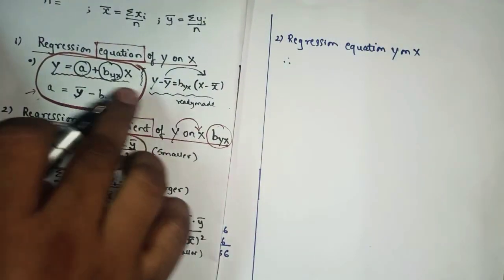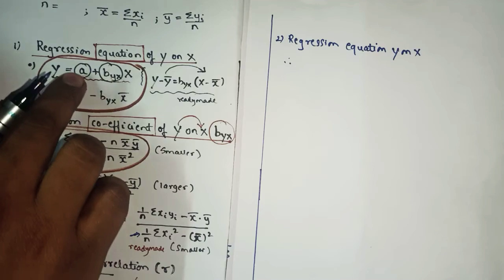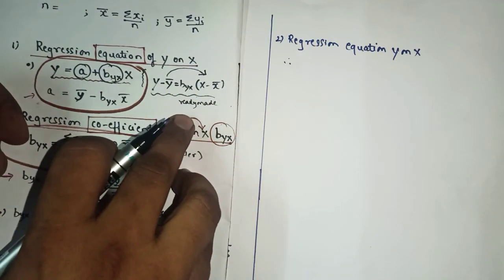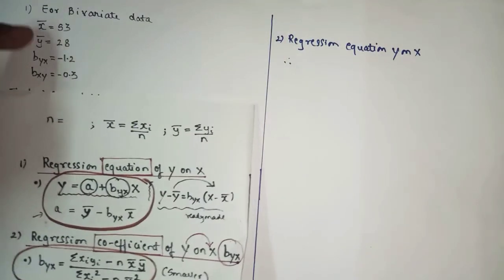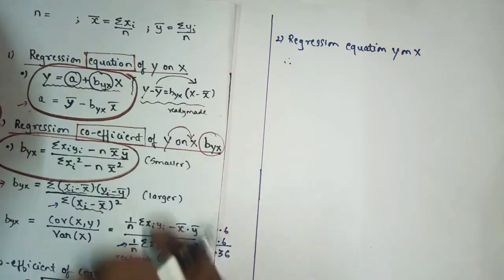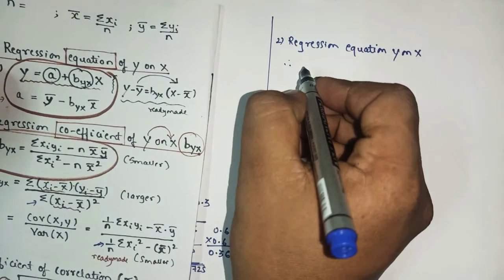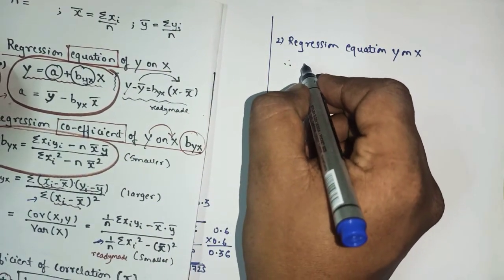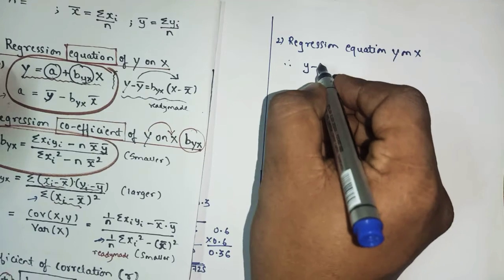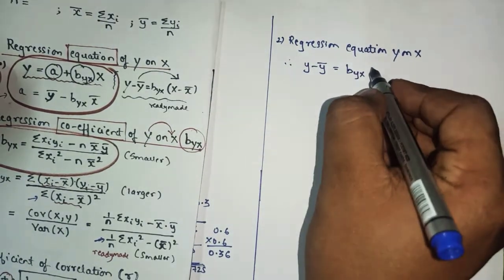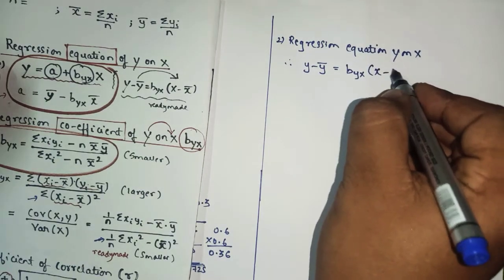So we know the regression equation of y on x. As there are two formulas, as I told, you can apply this one also or this one also to get the answer. Whenever it is a ready-made value, apply the second one. So here the formula is y minus y mean equals byx in bracket x minus x mean.